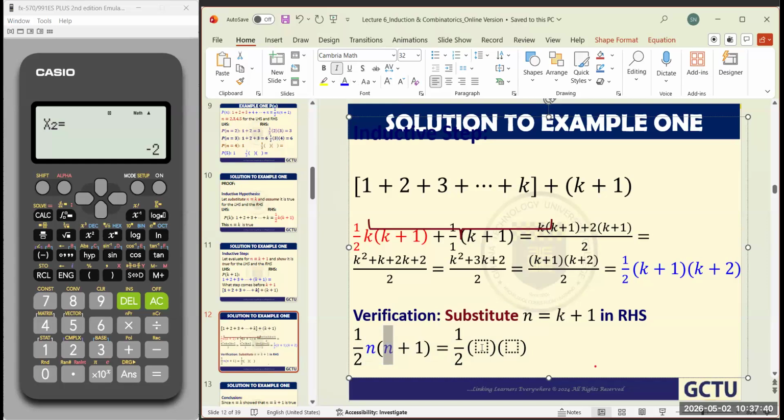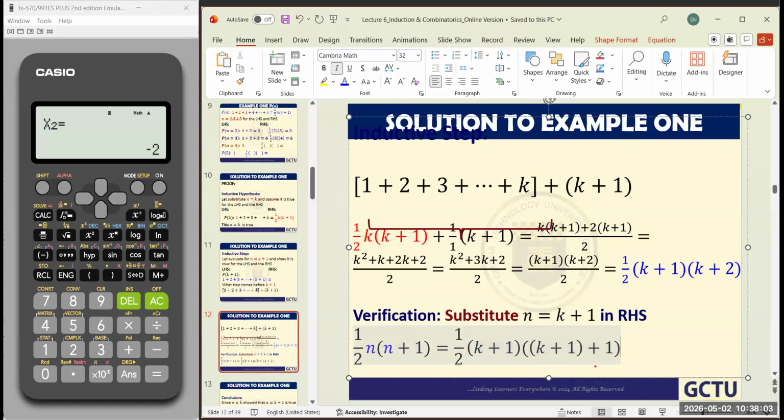So let's do it together. The first n will give me k plus 1. Now this second n here, I'm going to get into bracket k plus 1, all this before, remember, plus 1, because it's n plus 1. There's supposed to be a bracket here: k plus 1 plus 1.